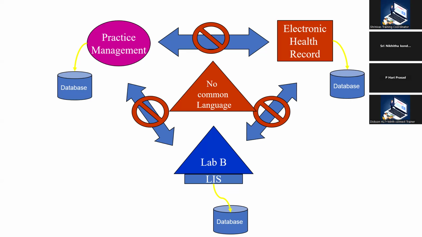So there is definitely a need for communication between PM and EHR, but the database designs and architectures are different, like the way languages are different between two different countries. So English emerged as a common medium of communication, and people started conversing in English. In a similar way, we needed a common medium or common language between these two applications, which can exchange the data in a very common way.